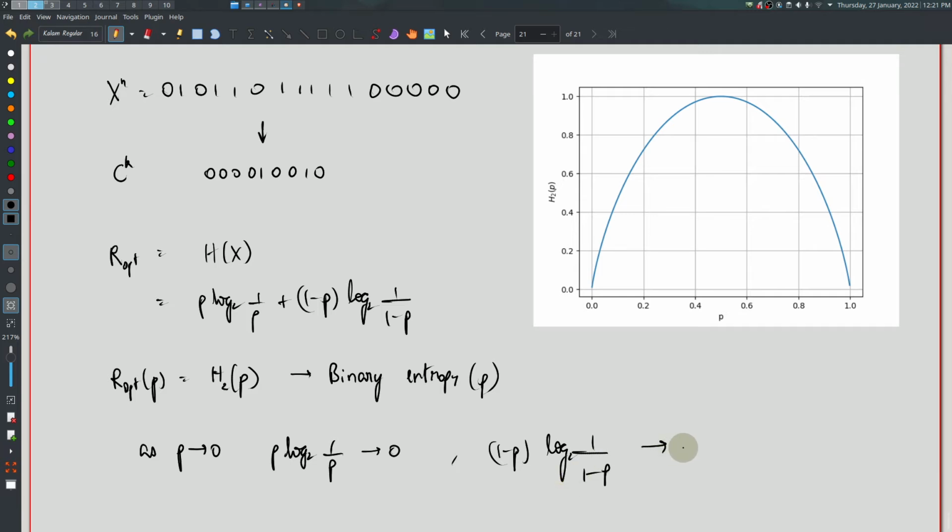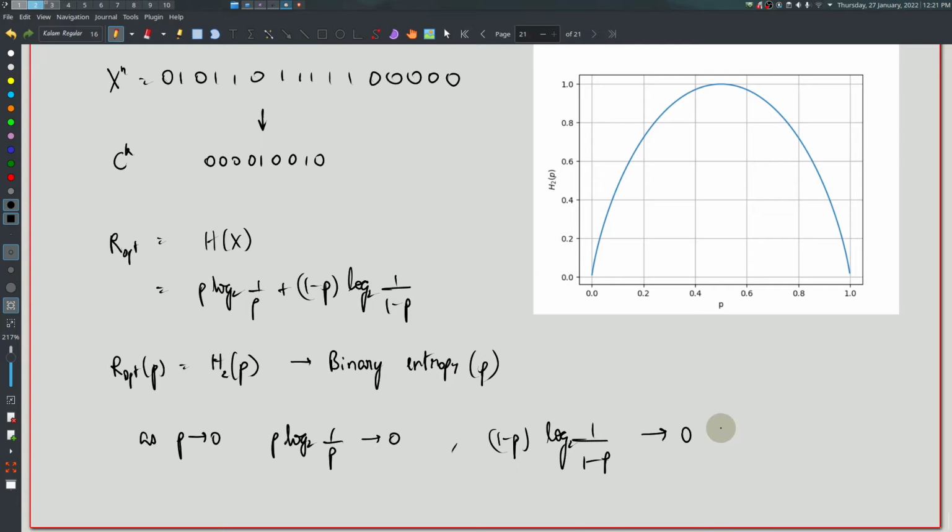So this also tends to 0. Right? So as P tends to 0, the binary entropy of P also tends to 0. And as P tends to 1, the same thing happens, and H2 of P also tends to 0.